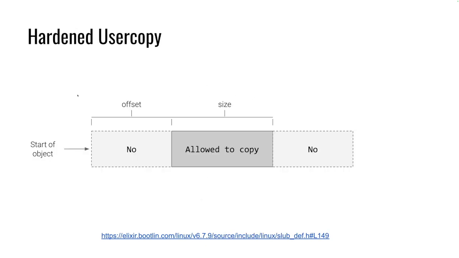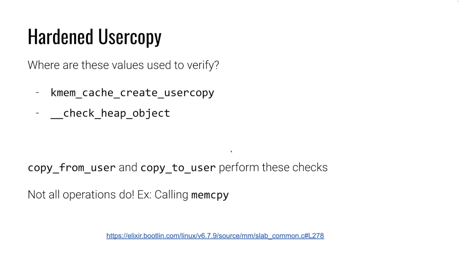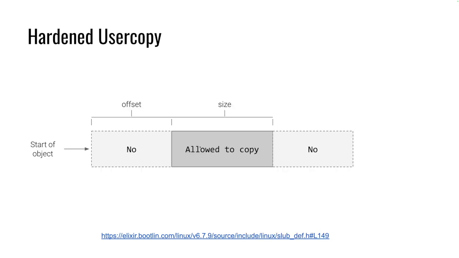Well, we can define that with these offset and size values, where if this is the start of the object, we can't copy anything between the start of the object and the start of the object plus offset. And we can't copy anything past the size added to the offset added to the start of the object. So we are only allowed to copy this region shown right here.